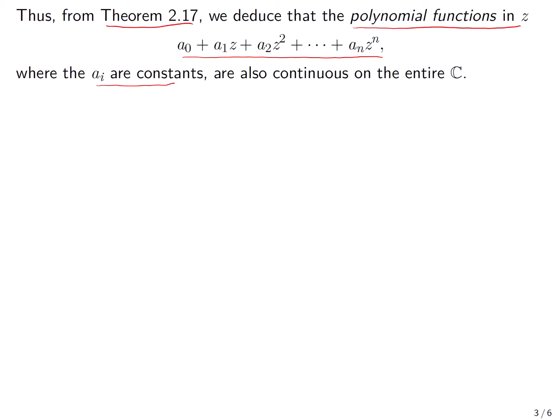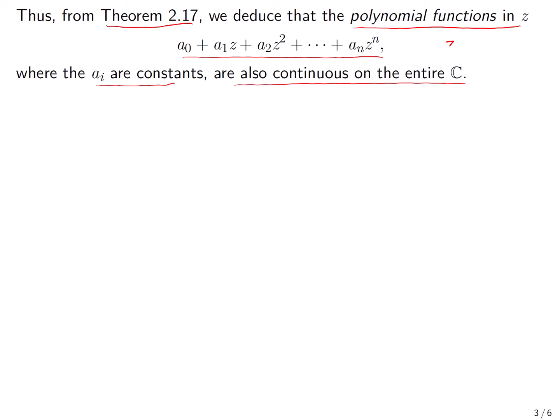Then you can see that it's also continuous on C because of the result, because these are products and sums, and the theorem says products and sums are continuous. Because the constant function and the linear function are continuous, any product can be written as a product of linear functions.